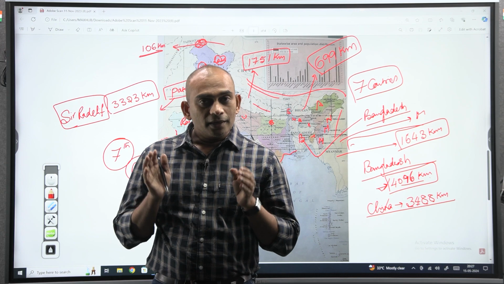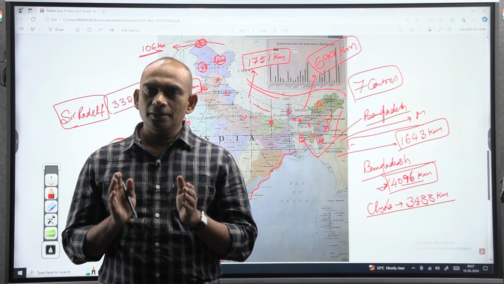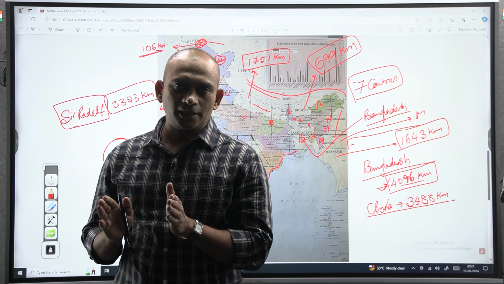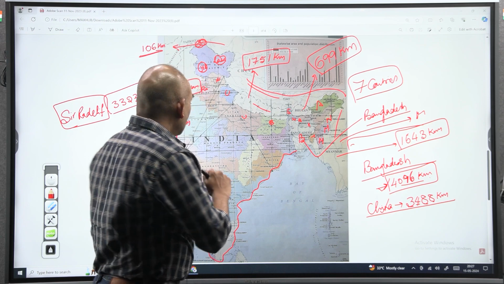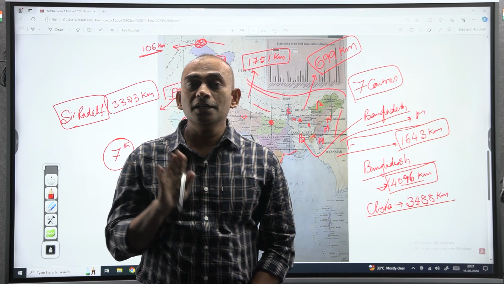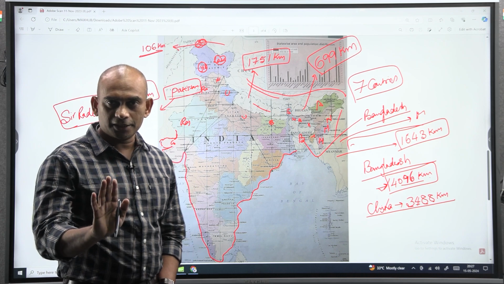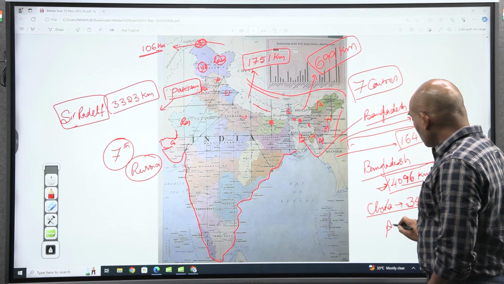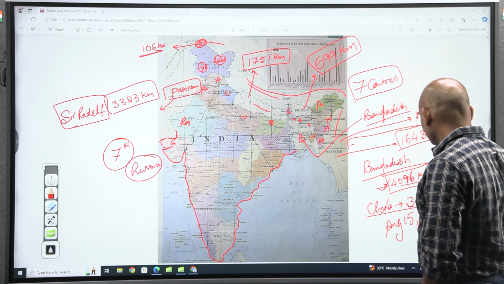But the Governor General and the British government tasked him to demarcate India and Pakistan. So without having any kind of knowledge, he demarcated, and India got independence on August 15th, 1947.